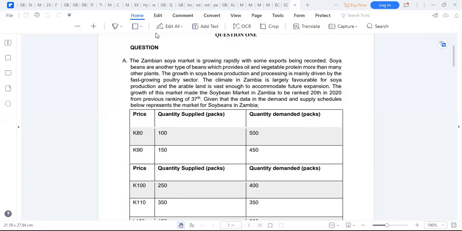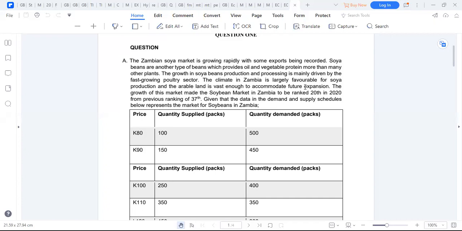So we are told that the Zambian soya market is growing rapidly, and it has recorded some exports where soybeans and other types of beans provide oil, vegetable protein, and more than any other plants. The growth of soybean production and processing is mainly driven by a fast-growing poultry sector.